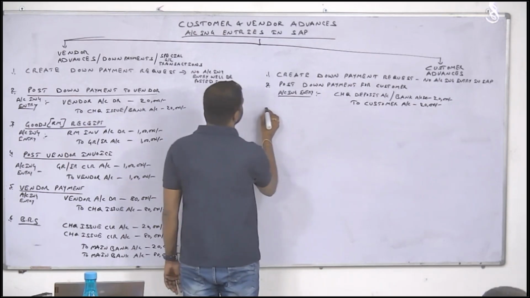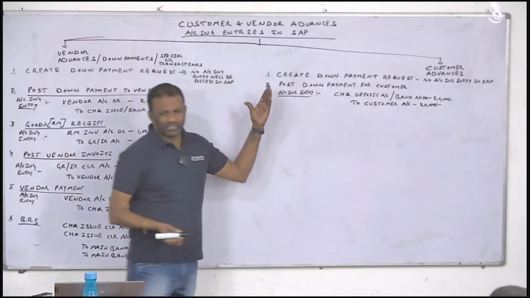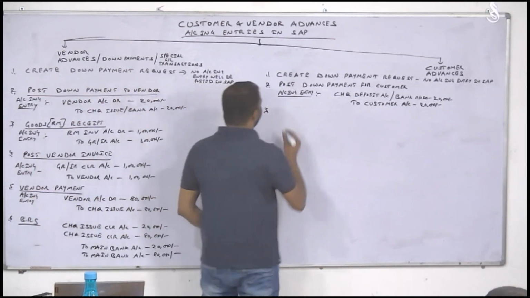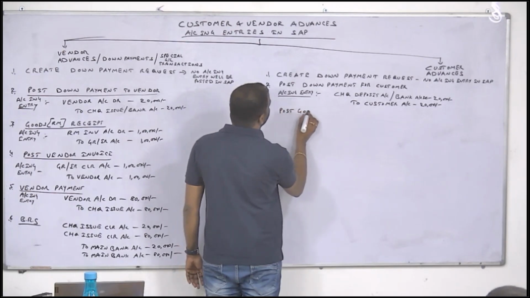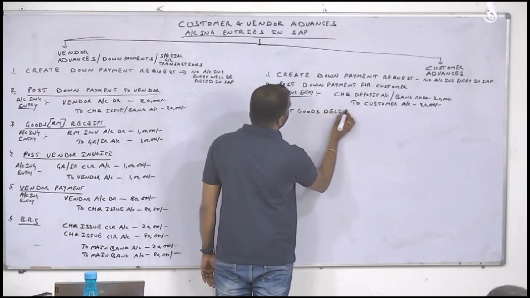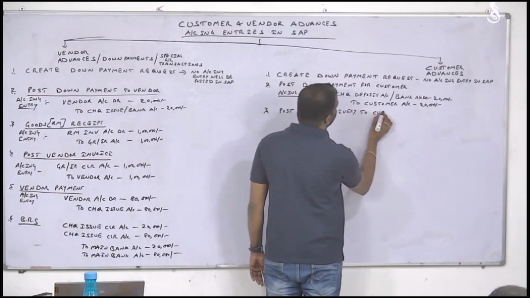Then goods received, next one. Not only that, the sales contract, sales order, everything will be raised; those are different things. Then you can say post goods delivery to customer.